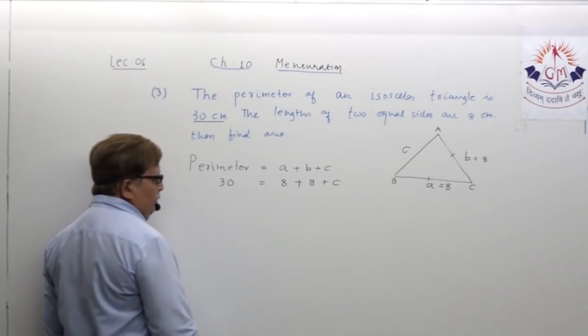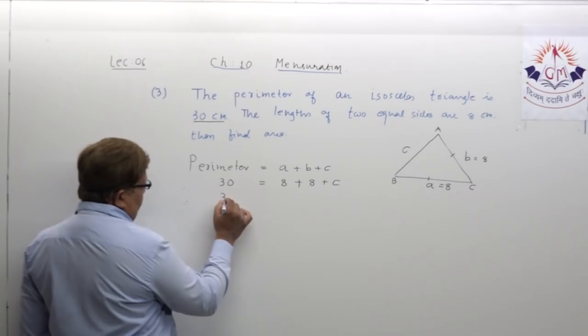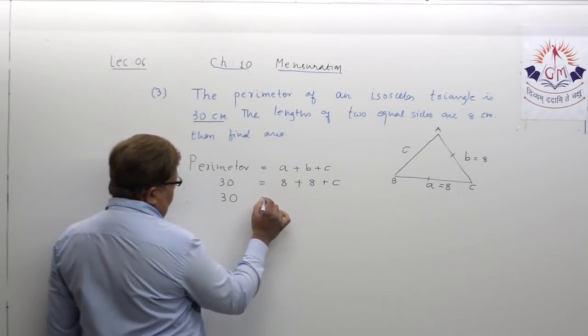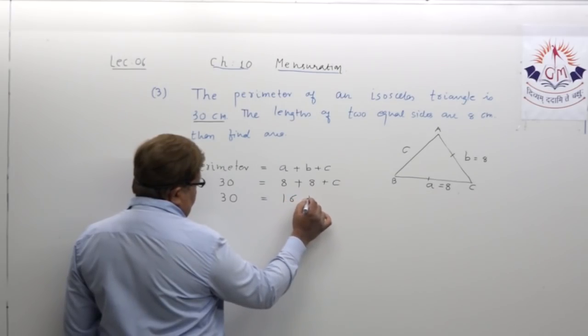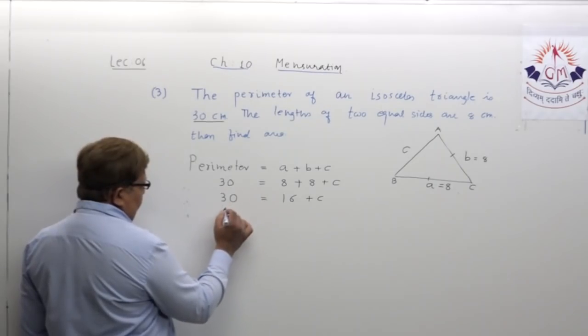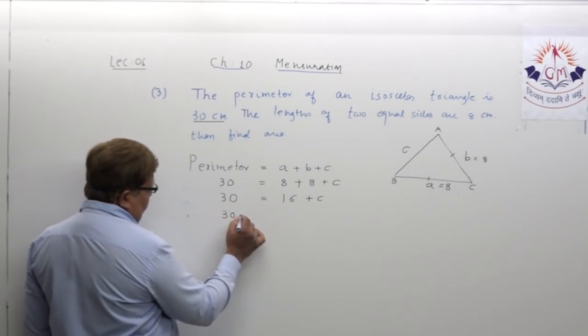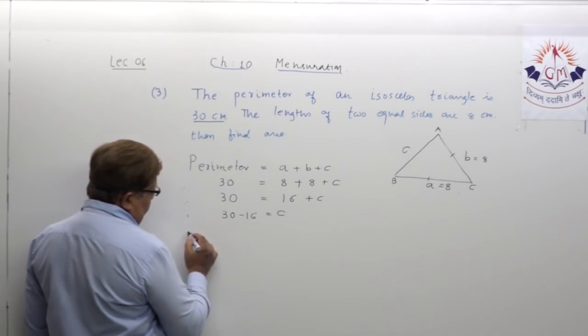We are looking for. Therefore 30 equal to 8 plus 8, that is 16, plus c. Just transfer: 30 minus 16 is equal to c.